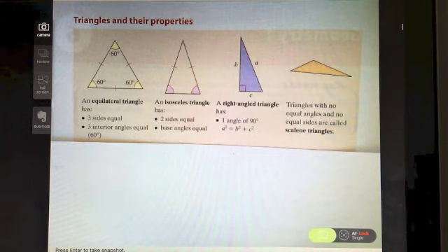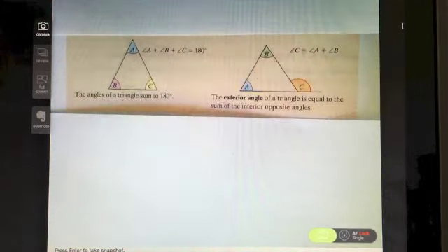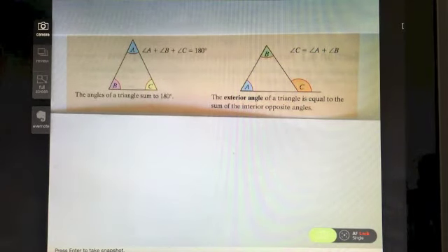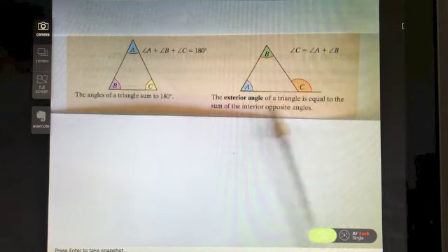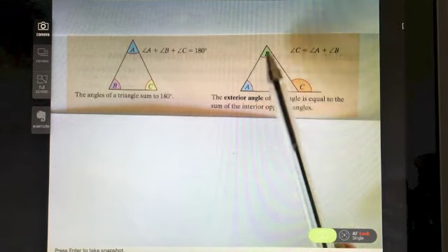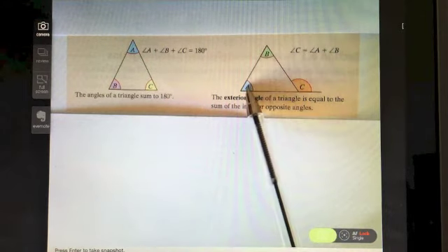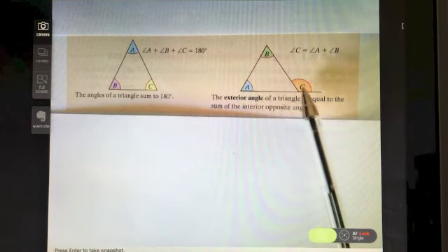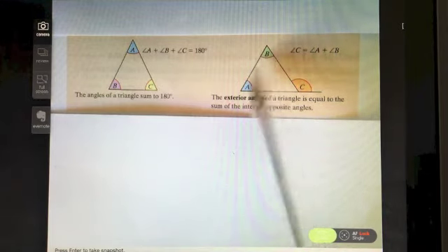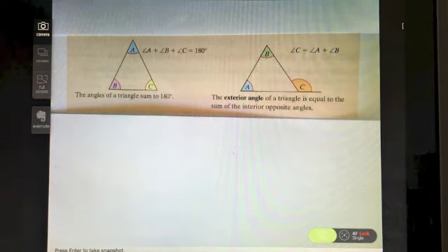We call that scalene. So as I've said already, the angles in a triangle add up to make 180 degrees, and following on from that then we have that an exterior angle would equal the sum of the other two angles. So an angle out here would equal the sum of the opposite two interior angles.